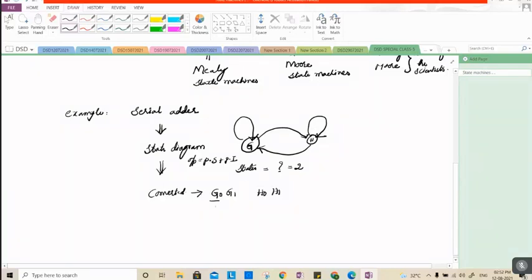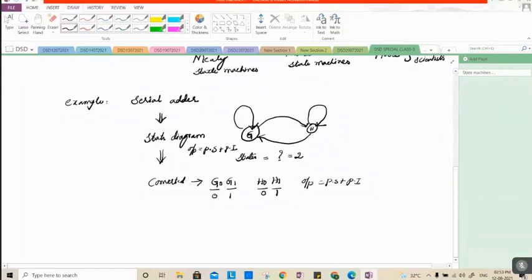So G0 output 0, G1 output 1, H0 output 0, H1 output 1. And here also we have designed in such a way that output is depending upon present state and present input. That is Mealy machine only. Right, this is a Mealy machine, and this is also a Mealy machine.